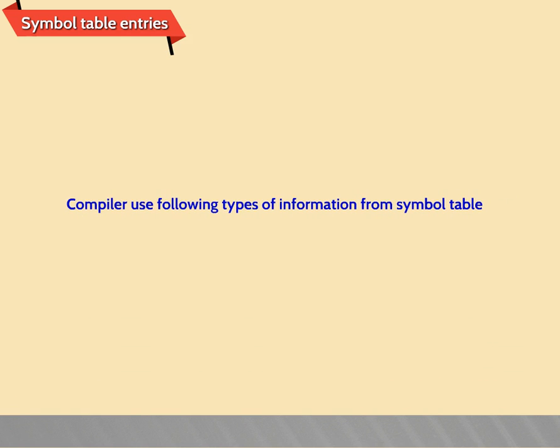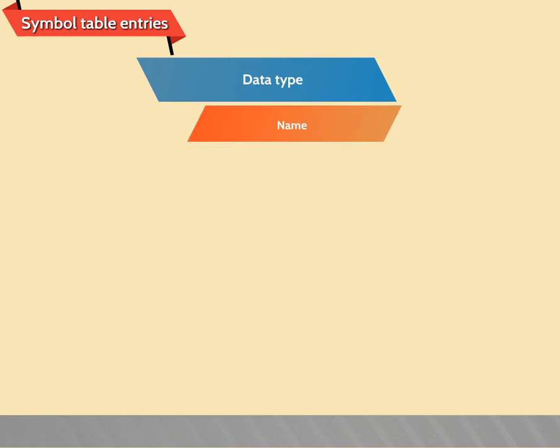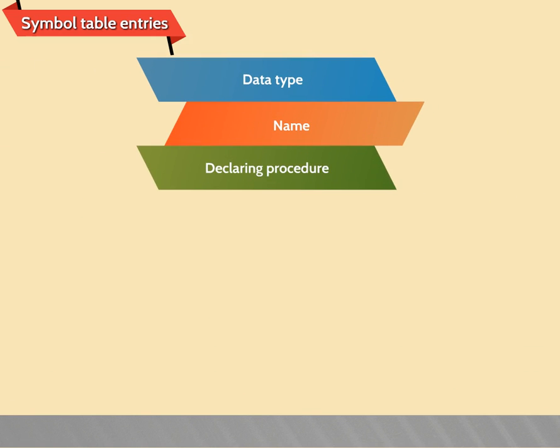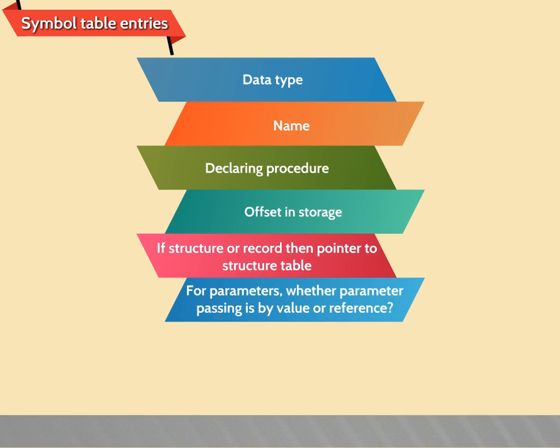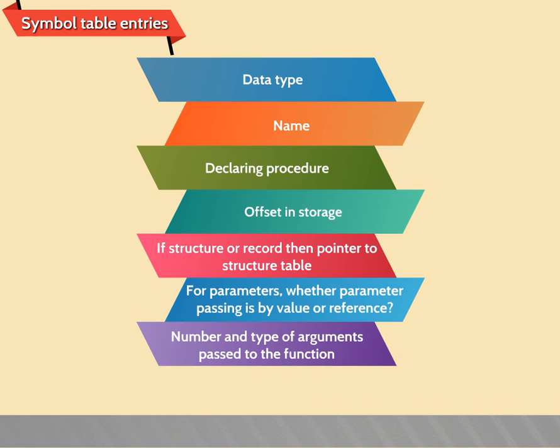Compiler use following types of information from symbol table: data type, name, declaring procedure, offset in storage. If structure or record, then pointer to structure table. For parameters, whether parameter passing is by value or reference. Number and type of arguments passed to the function. Base address.